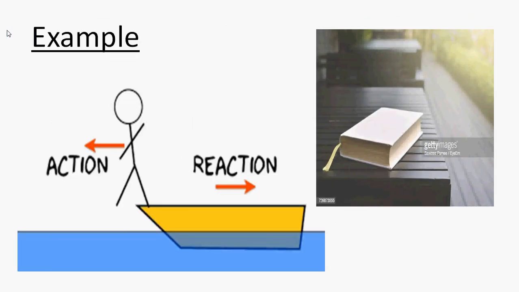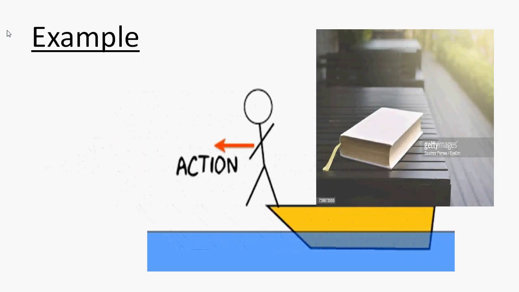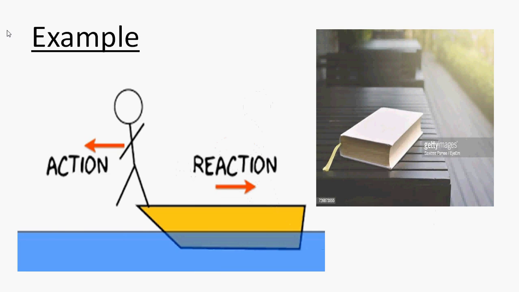Now we will see the examples for this. In the first figure, we see the man is rowing this boat. So this rower, the boat rower, is applying force with the help of the oars, right?